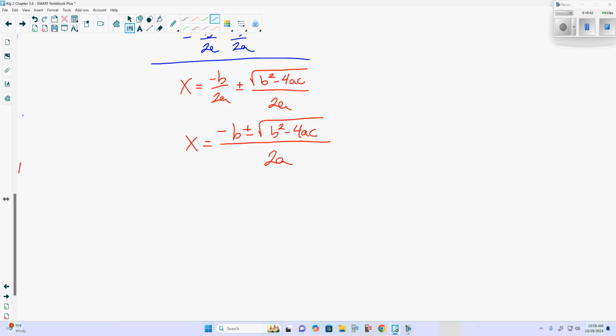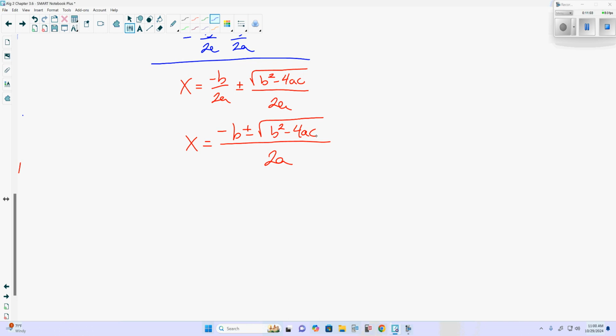We didn't set a value for a, b, and c. So realistically, this here is the solution for any quadratic with a, b, and c. So no matter what a, b, and c's values are, I can plug them in, simplify, and we have our solution.